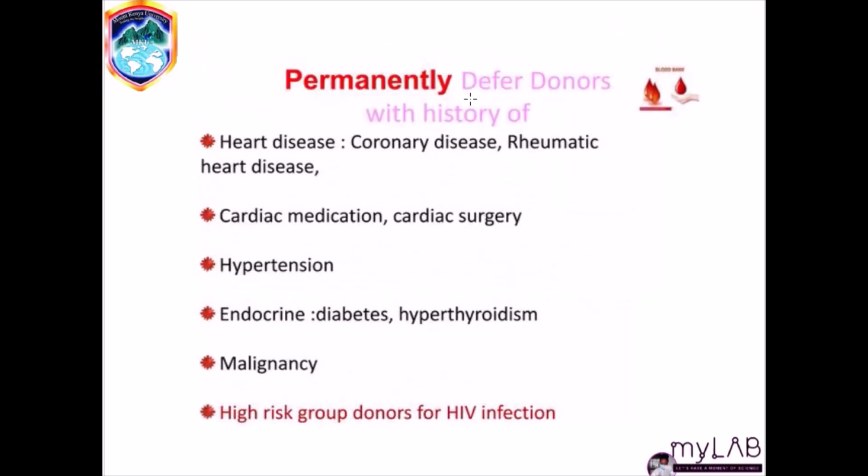and adequate supply. Now, these are completely or permanently deferred, or they cannot give blood if they have had a history of heart disease, they are on any cardiac medication or cardiac surgery, they are hypertensive, they have endocrine diseases such as diabetes and hyperthyroidism, they have any form of malignancy and cancers, or they are high risk groups.